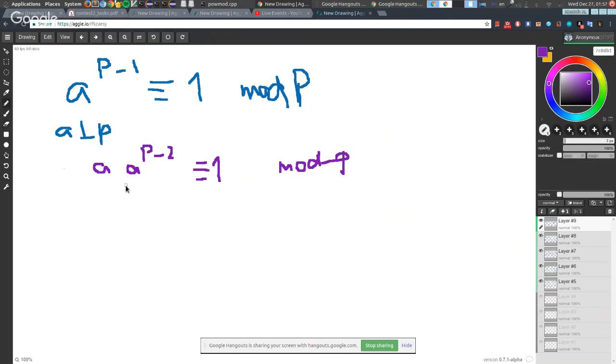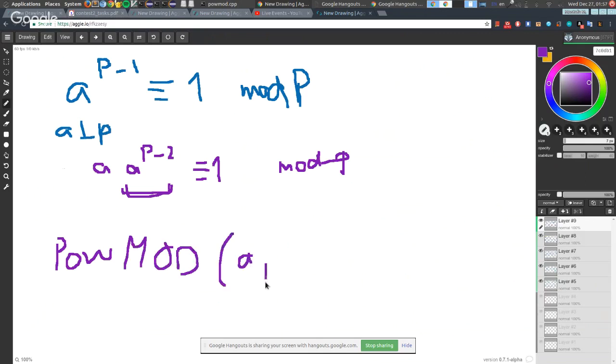As we can see, if we can calculate this number, we can easily find the inverse of a. Basically, this is a number that satisfies the definition that when multiplied by a, the product is 1. So how do we compute this number? It's using the binary exponentiation we had earlier, the power mod function: a to the power p minus 2, taken modulo p. So this is the inverse.